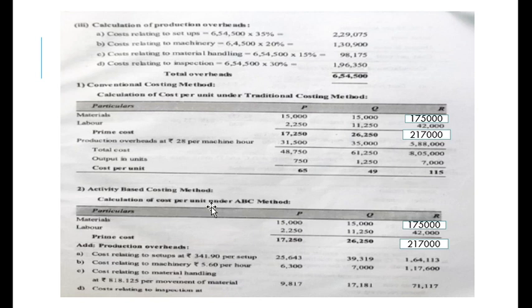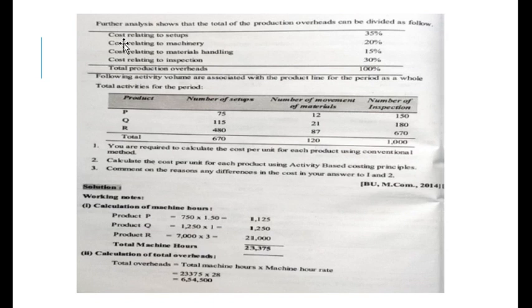So under calculation of cost per unit under ABC, till prime cost it will be the same as we have calculated under the traditional cost, that is your material and labor for P, Q, R, and the prime cost will remain the same. Then to add up our production overhead, we will concentrate on each activity given in the question: cost relating to setups 35%, cost relating to machinery 20%, material handling 15%, and inspection 30%.